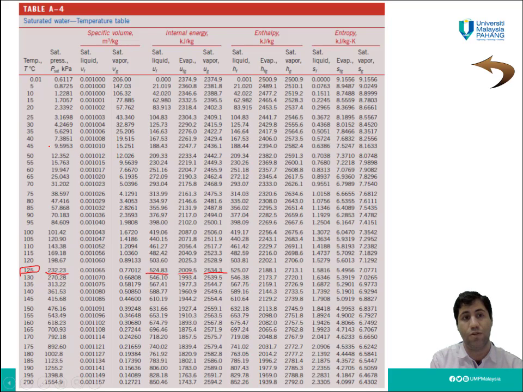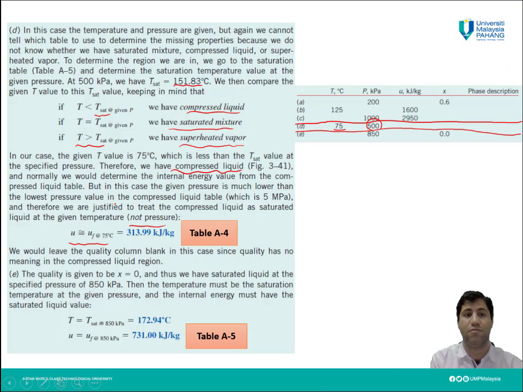So you need to come to this table and read the properties of saturated liquid like UF, then record that as the properties of the compressed liquid which we have here, which is 313.99 kilojoule per kilogram.